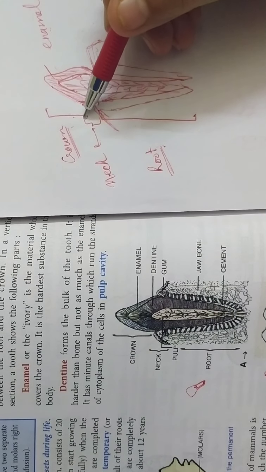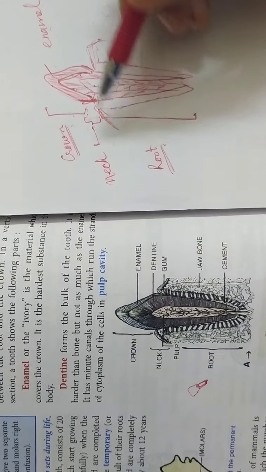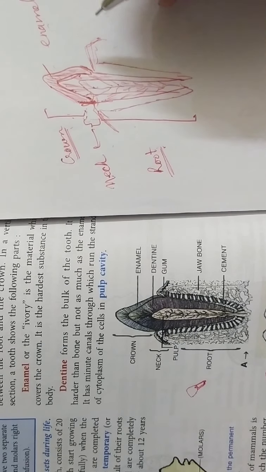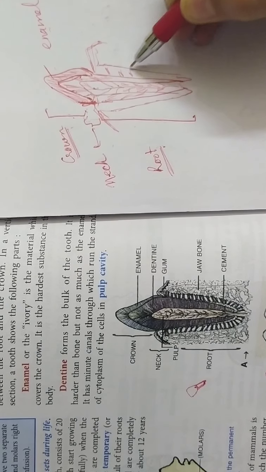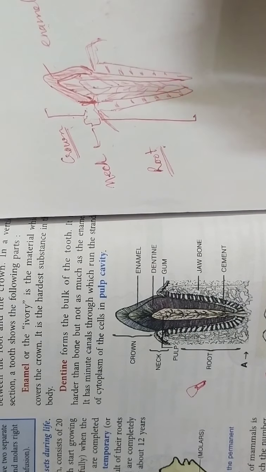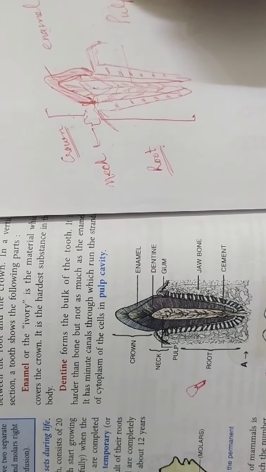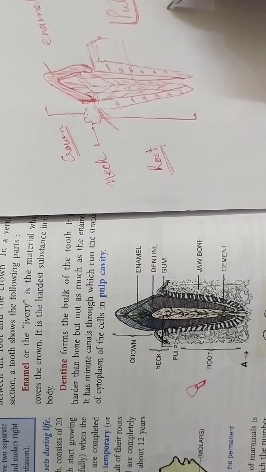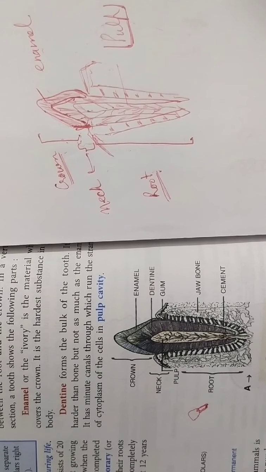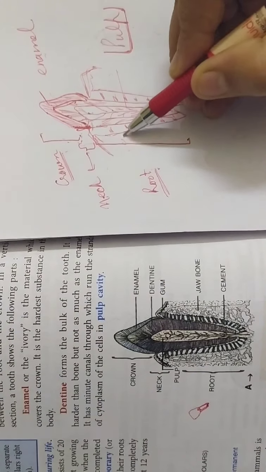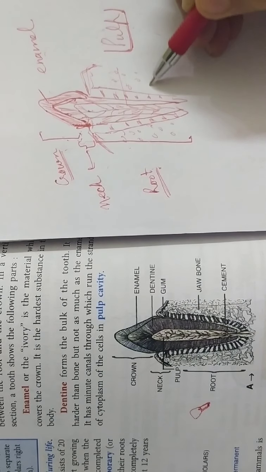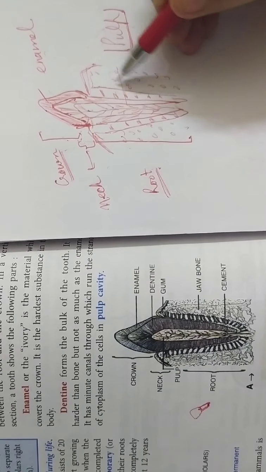Connecting the crown and root, there is a small constriction we call the neck. The root consists of soft connective tissue made up of blood vessels, lymph vessels and nerve fibers, which we call pulp, and pulp is present in the pulp cavity. Pulp also has cells, so you can draw some cells surrounding it, just to show the connective tissue.